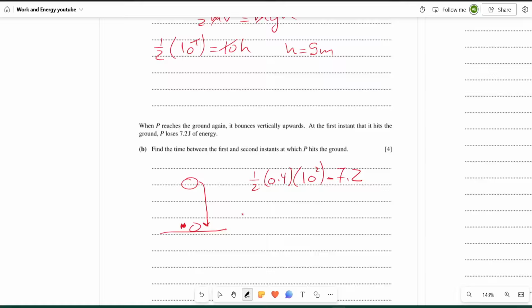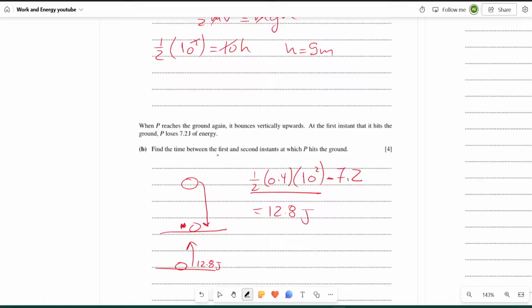And if we put that on the calculator, it's going to give us half times 0.4 times 10 squared minus 7.2, which gives us 12.8 joules, and this is the remaining energy after the bounce, because just before it bounces it was moving with this energy, and after it bounces it lost this, so basically we remained with this energy. So now we are at this point where the object already bounced, it lost 7.2 and is going up again, and now it has 12.8 joules of energy, right?